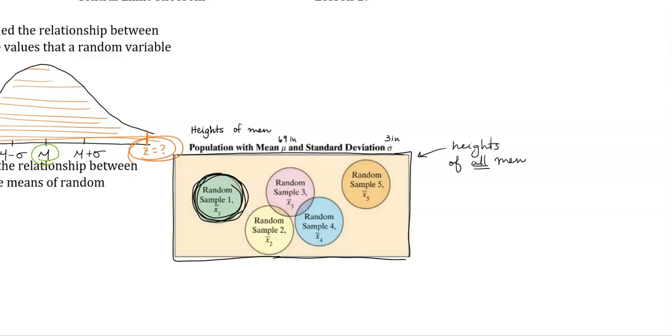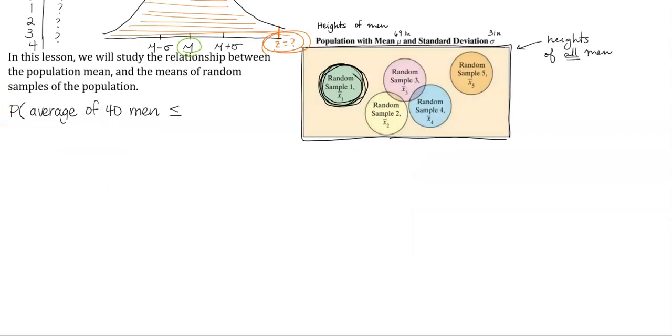Not just one man, not just the probability that one man is taller or shorter than Shaquille O'Neal, but what's the probability that the average of a sample of, say, 40 men is going to be shorter than Shaquille O'Neal or taller, either or? So what we're looking at here is the probability that the average of 40 men is less than the height of Shaquille O'Neal, which is about 85 inches.